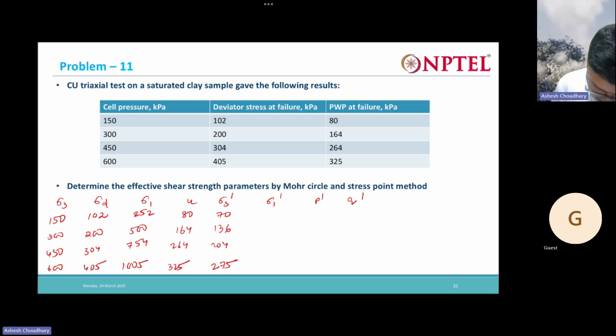Similarly sigma 1. Now P and Q. So what is P prime? Okay, P and Q got.